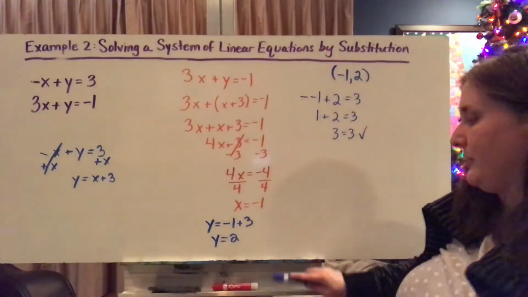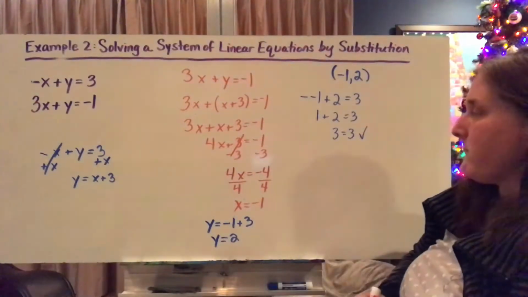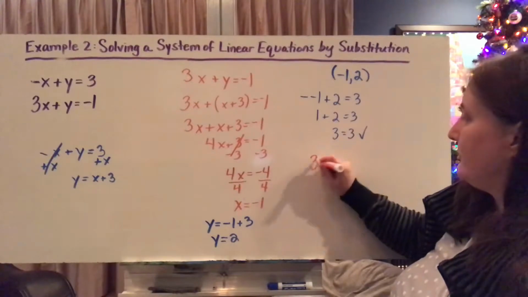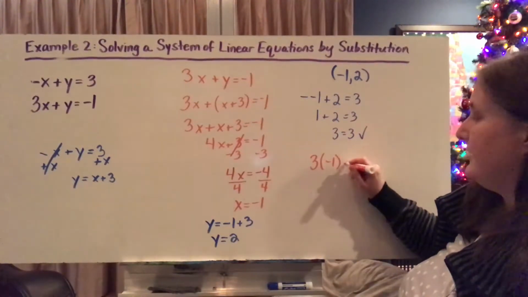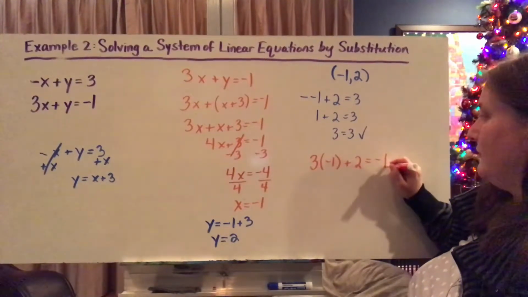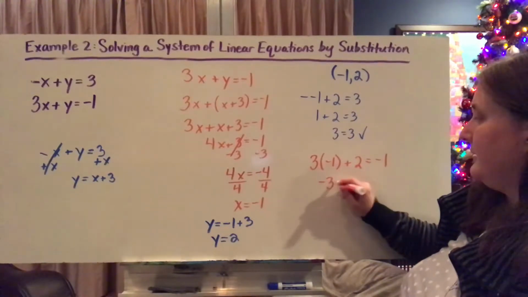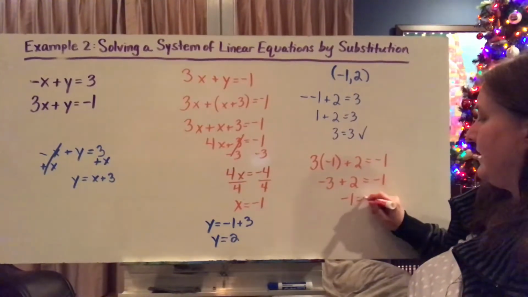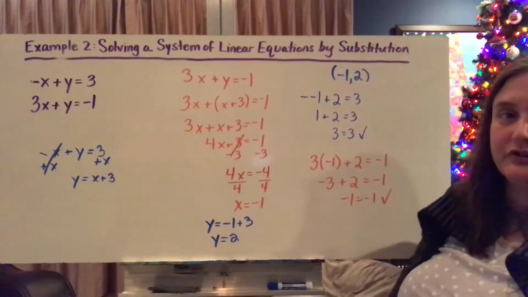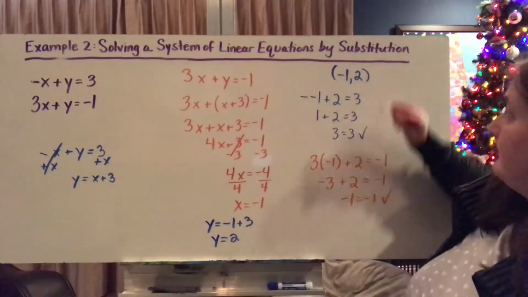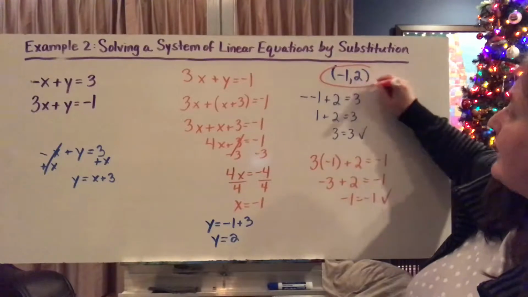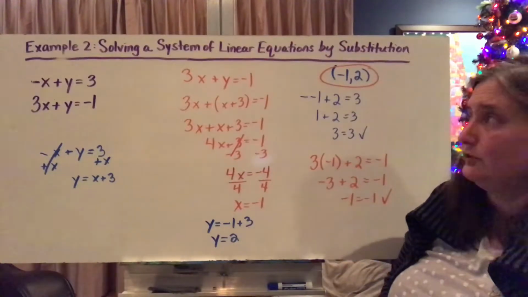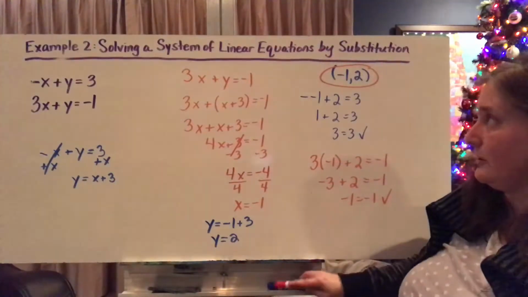Now let's test it with our second equation. 3x, or 3 times -1, plus 2 equals -1. So we get -3 plus 2, which does in fact equal -1. So our answer checks out with both equations. So -1, 2 is our solution for this system of linear equations.